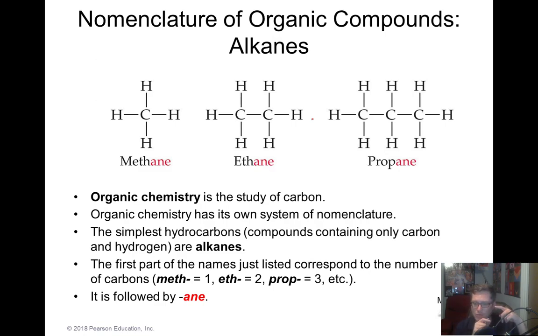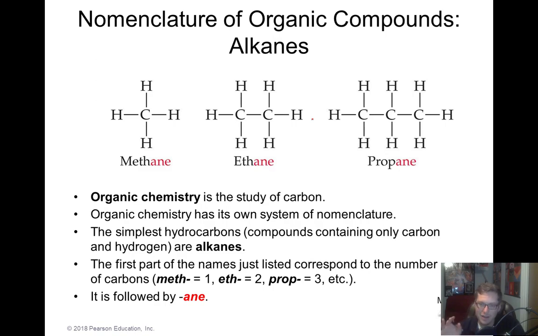Do I have more than one charge possible? Do I need to add Roman numerals? Does it start with a hydrogen? If it does, then I need to apply acid naming rules. And if it's a molecular compound, meaning 2 nonmetals put together, do I need to apply the prefixes for the nonmetals?